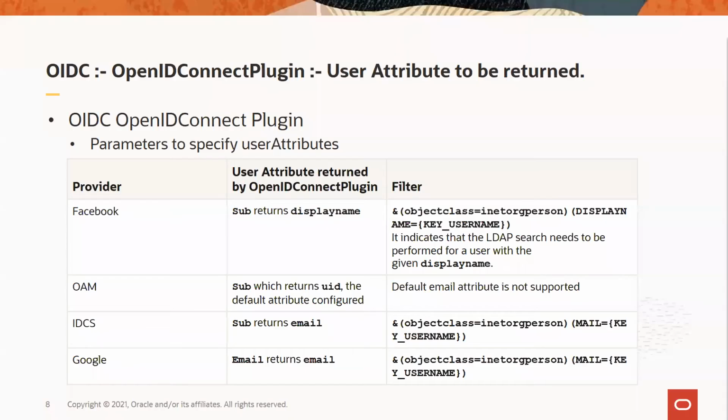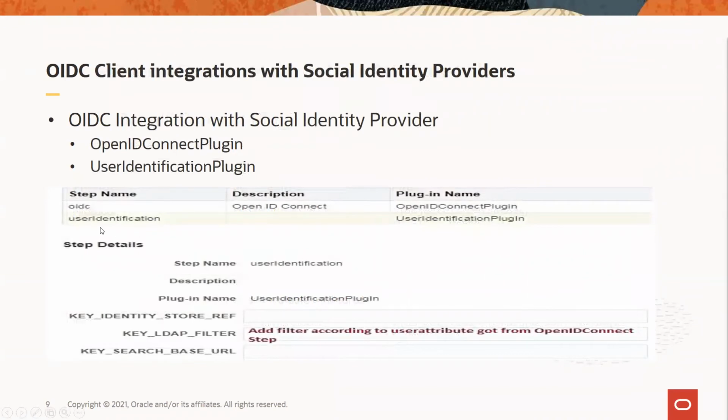So this is something we have already seen with the OpenID Connect plugin. Similarly with the user identification plugin, which we just saw. These are the various parameters, like key identity store reference, key LDAP filter, and key search base, which we looked at in the OAM console.